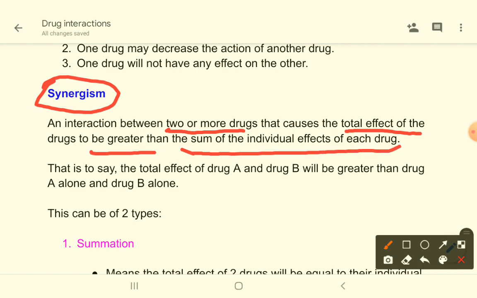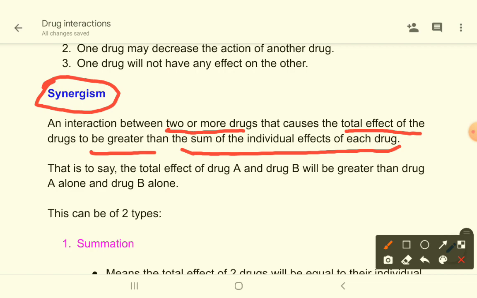That means you are giving two drugs, and the sum total of the effects of these two drugs will not be less than their individual effects. The sum total will be the same as the drugs' individual effects, or it will be greater than their individual effects.